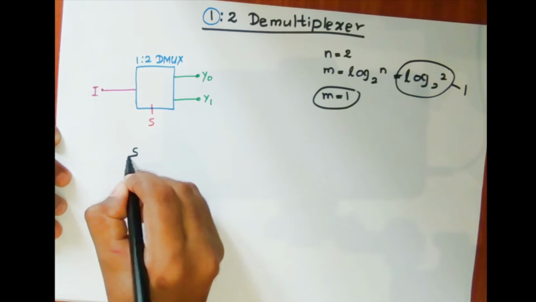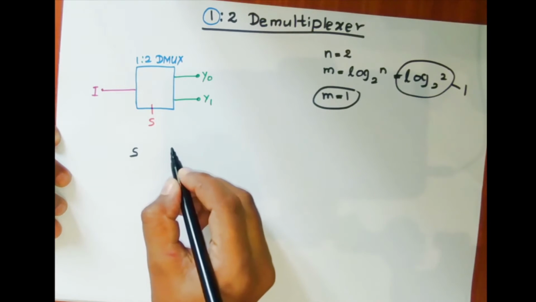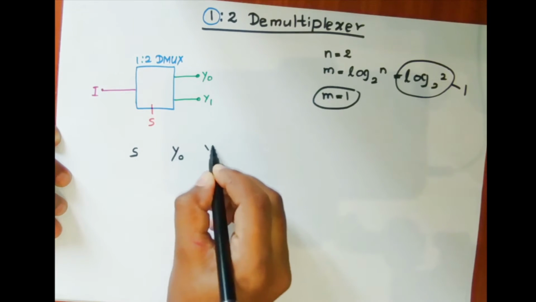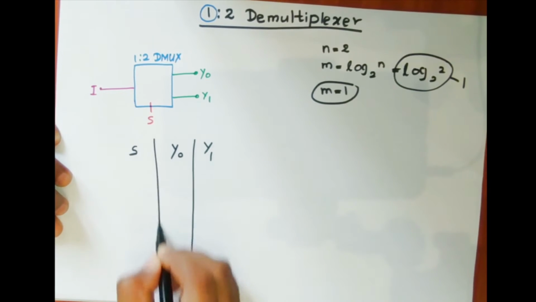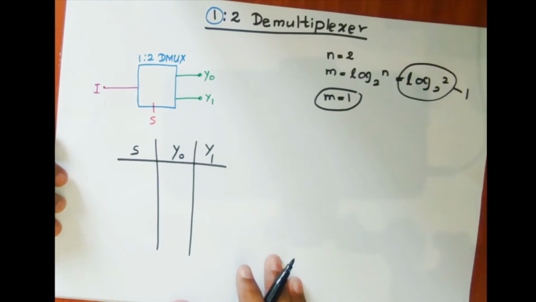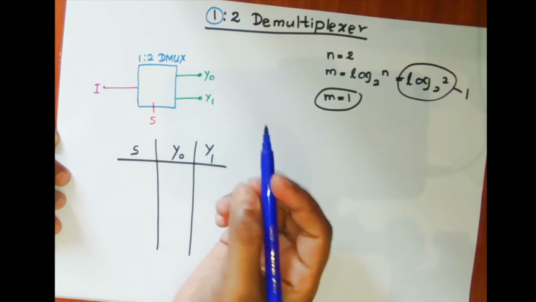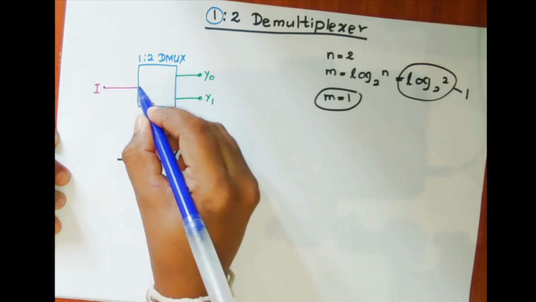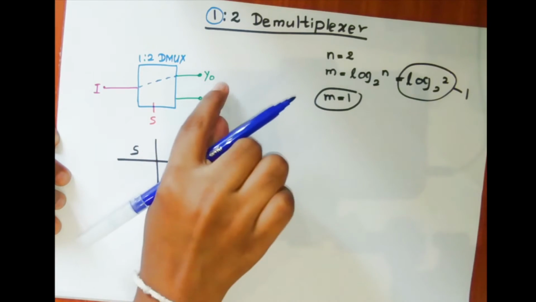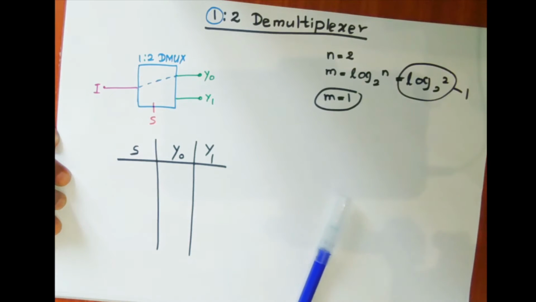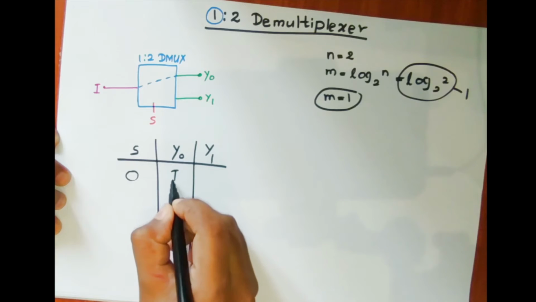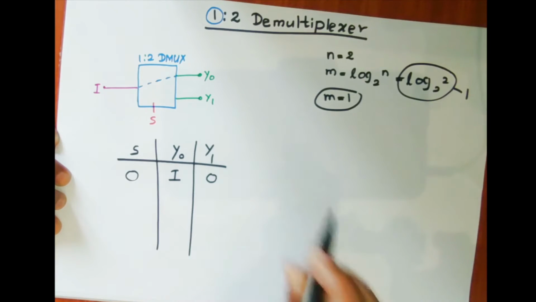We can write it like this, and let's draw the table for this. There is one selector and two outputs, Y0, Y1. I consider that when this selector is equal to 0, the I is going to the first output, which is Y0. So when S is 0, Y0 will be equal to I, and Y1 will be 0.